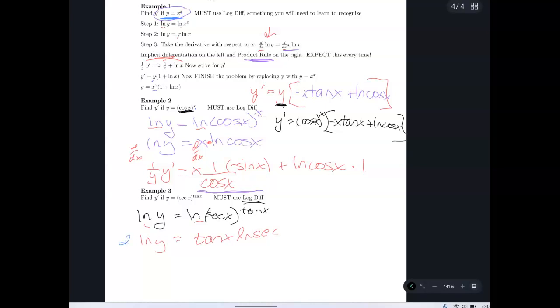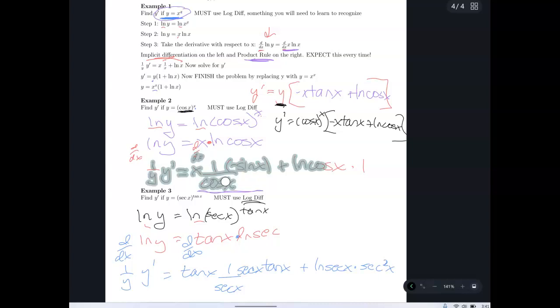Now take the derivative with respect to x on both sides. 1 over y times y prime. Expecting the product rule. First d second, secant tangent, plus second d first. Okay, so then we're going to multiply through by y.